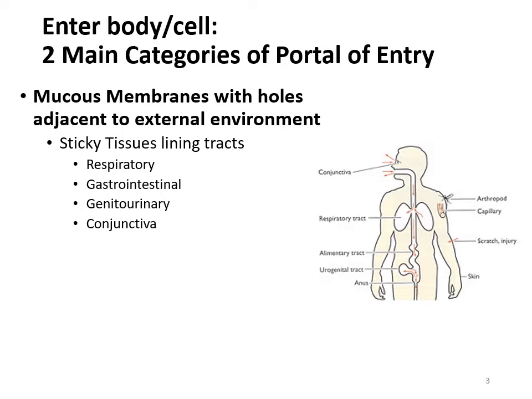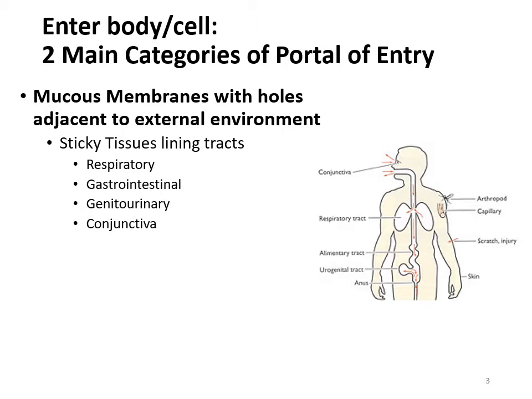Genitourinary is becoming more and more problematic as a portal of entry, and we'll talk more about that in the STD lesson. But even though it has very high rates and problems today, compared to the other tracts, people don't have to have sex 24/7 the way they have to breathe.